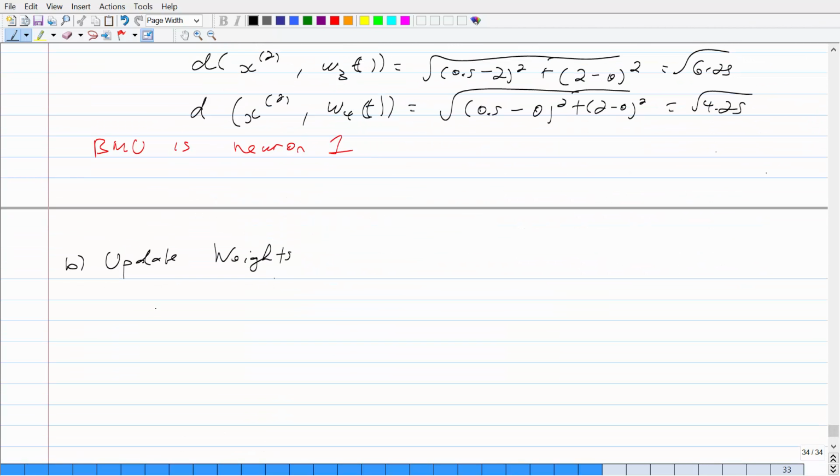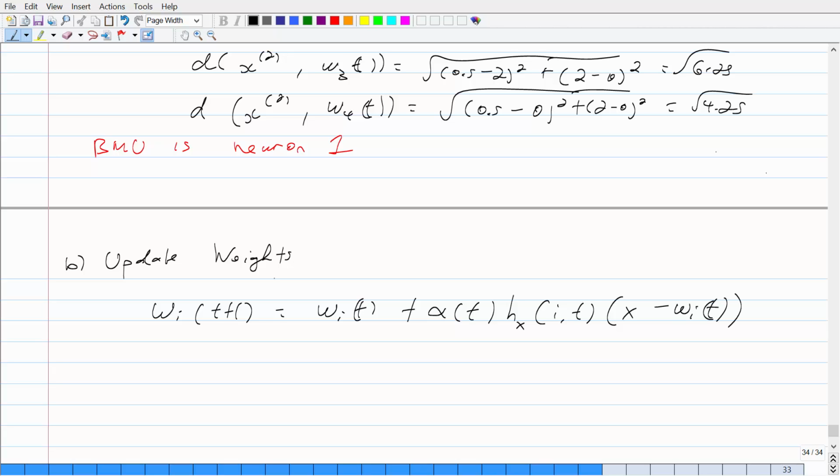So if you want to update the weights for the next iteration, you take the previous iteration, and then you have to apply a learning rate, alpha, that is seen at that current time. And then you also have to apply a radius of decay when you're updating the neighborhood of weights that surround this neuron. So X, and this is I, T, and this is X minus.